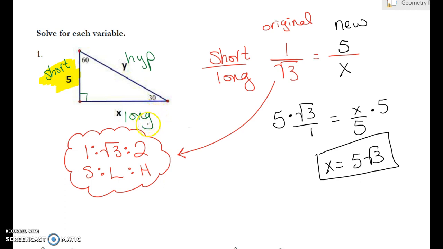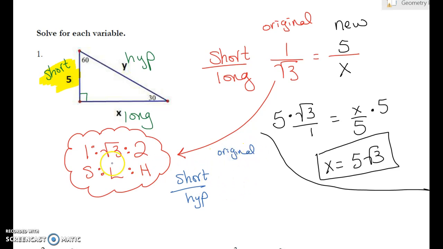Now what I need to do is the same process for my hypotenuse. So let's change colors. My hypotenuse is going to have to go with short, so I'm going to do short over my height. And again, I start with my original. My original short leg is 1. My original hypotenuse is 2.